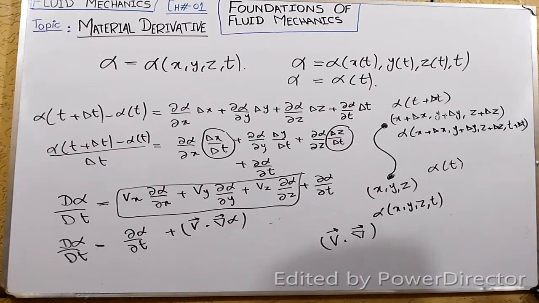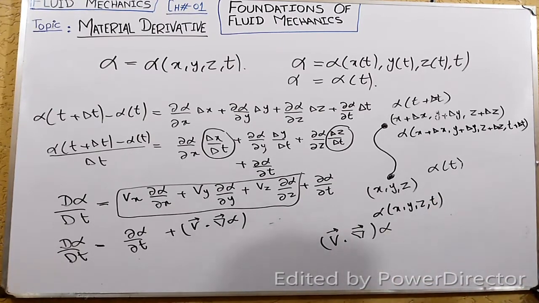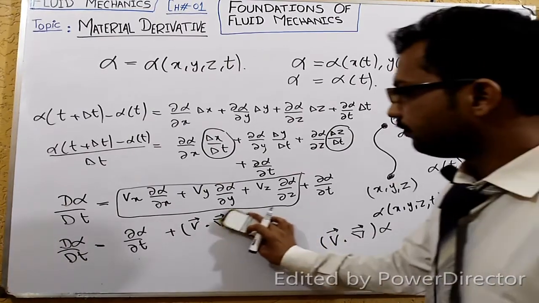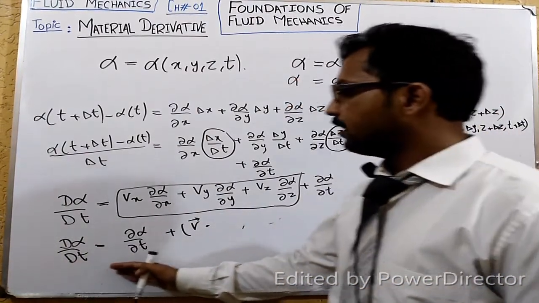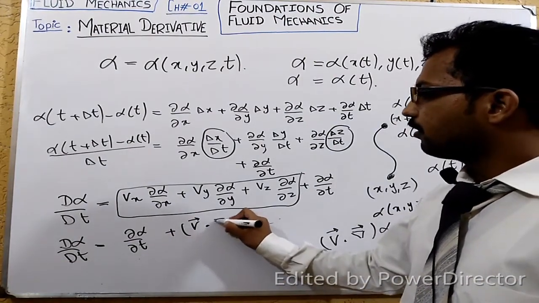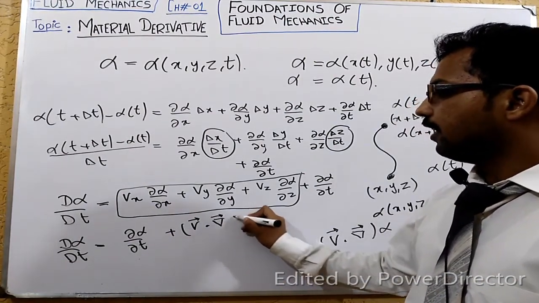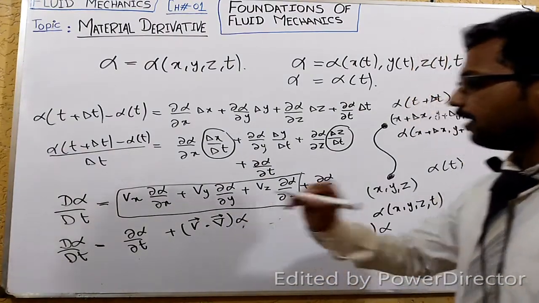You can first evaluate this dot product and then apply the result on the property alpha. So this equation can also be written as d alpha by dt is equal to partial alpha by partial t plus v dot the del operator applied on the property alpha.